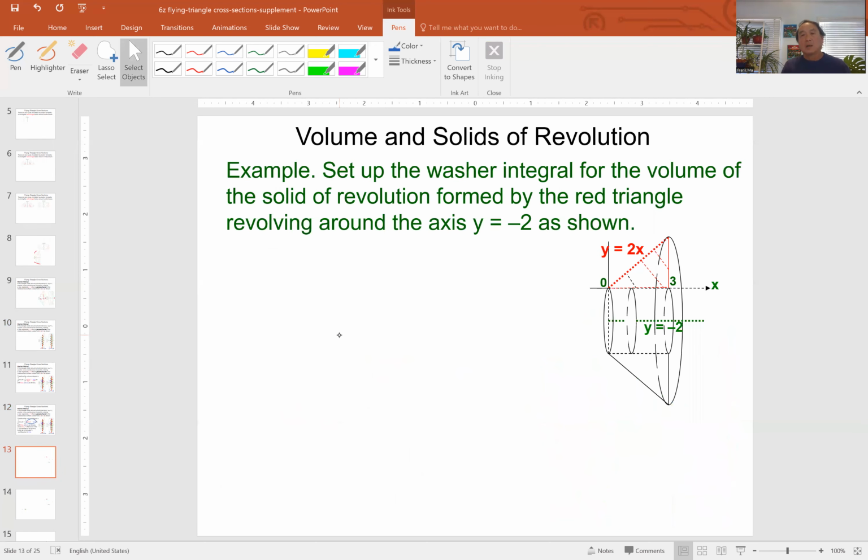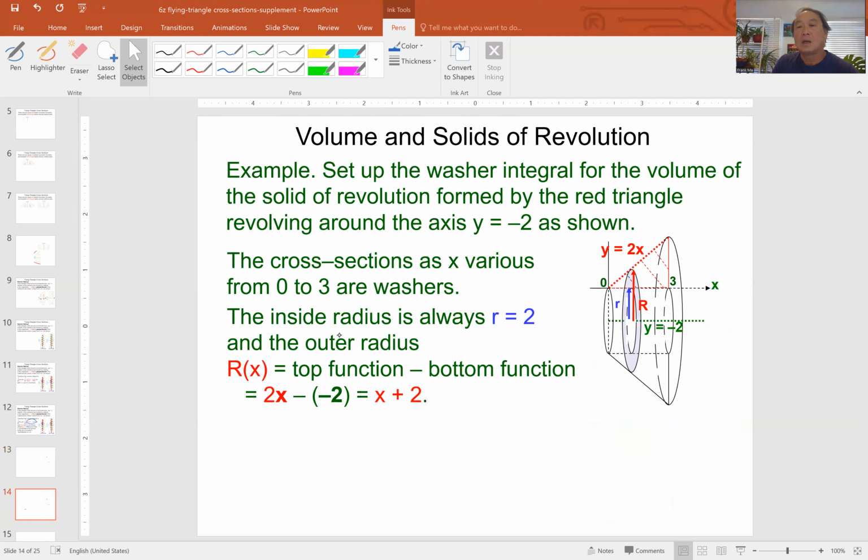We have this red template revolving around a horizontal axis as x goes from 0 to 3. At a point x, I track vertically how big the ring is, how big the big R is.